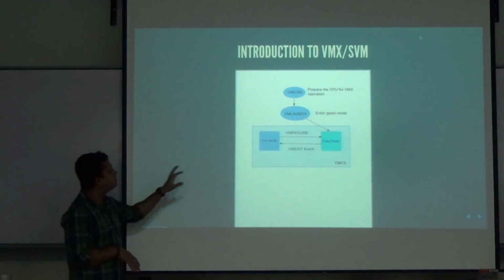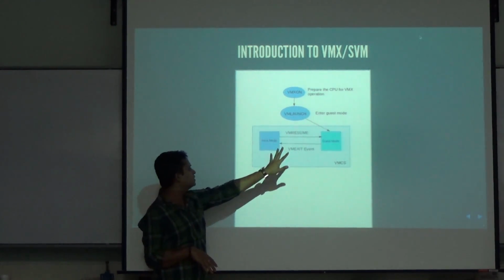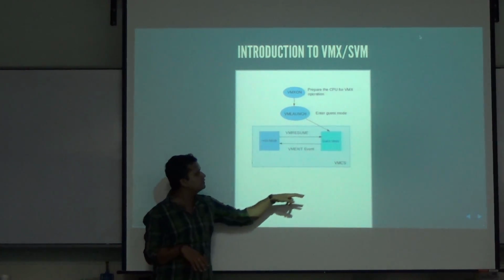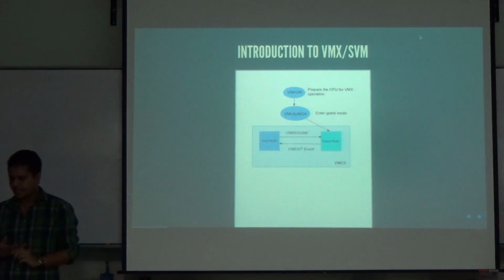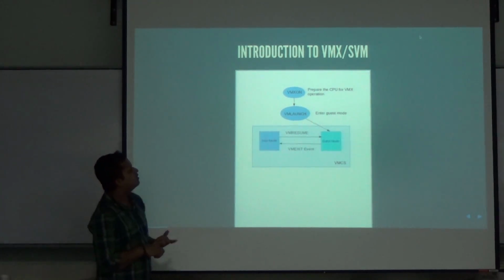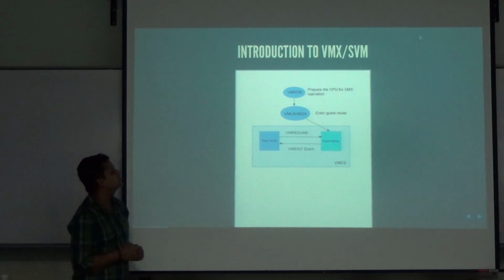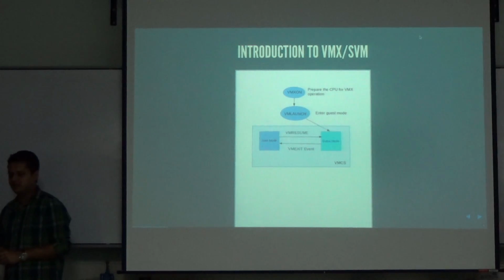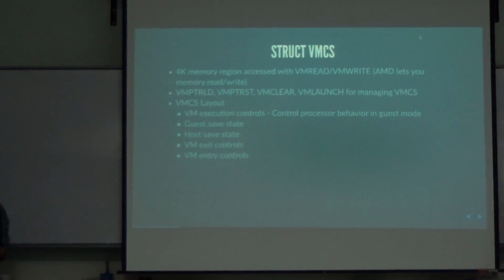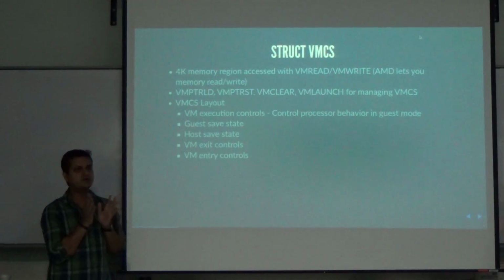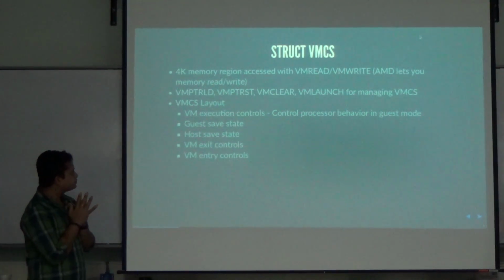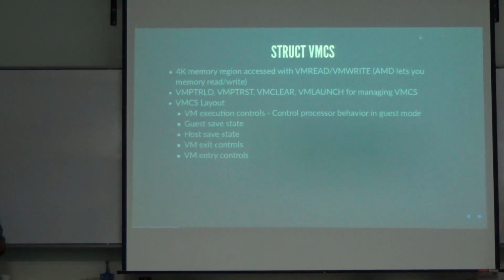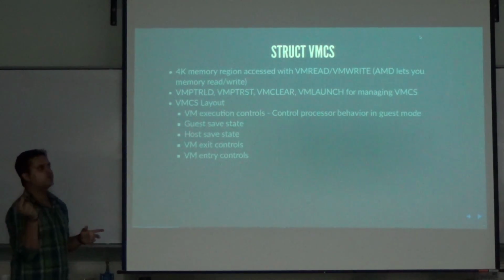And all these things are associated with a very important data structure, which is called VMCS, the virtual machine control structure. Again, this is Intel specific. For AMD, it's called VMCB, the virtual machine control block. So what is this VMCS? This is a memory region that you give to the processor where it can manage its data with respect to the guest and the host, because it needs to go back and forth, right?